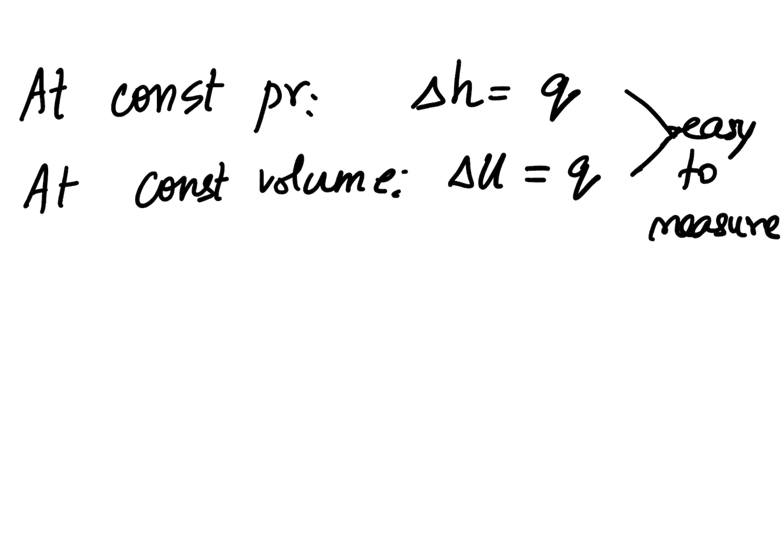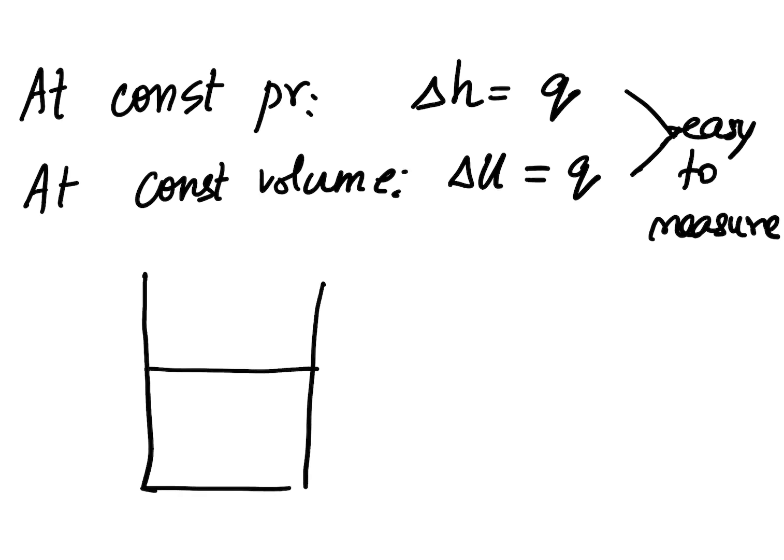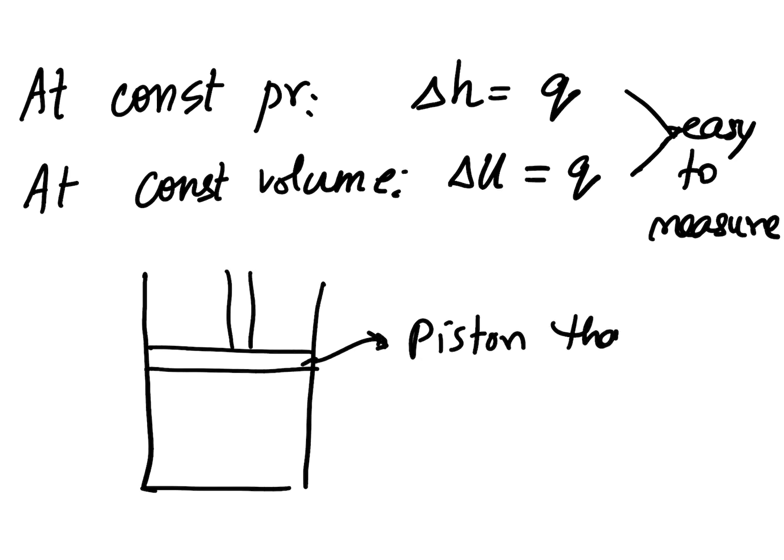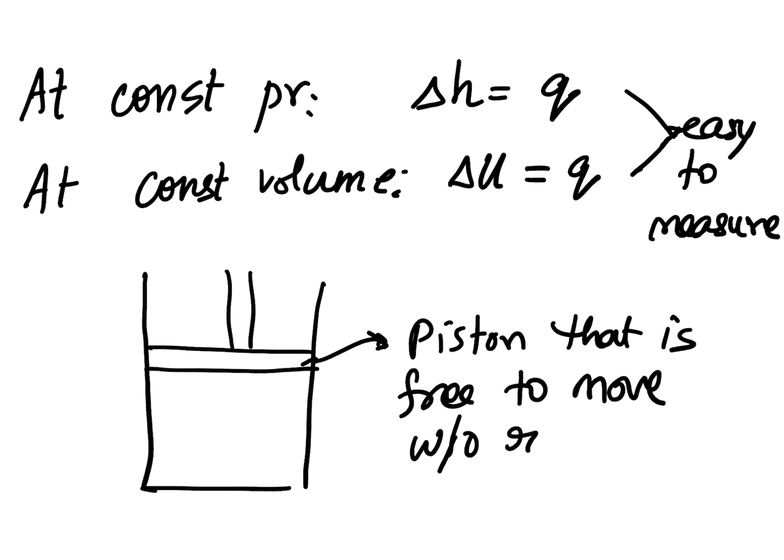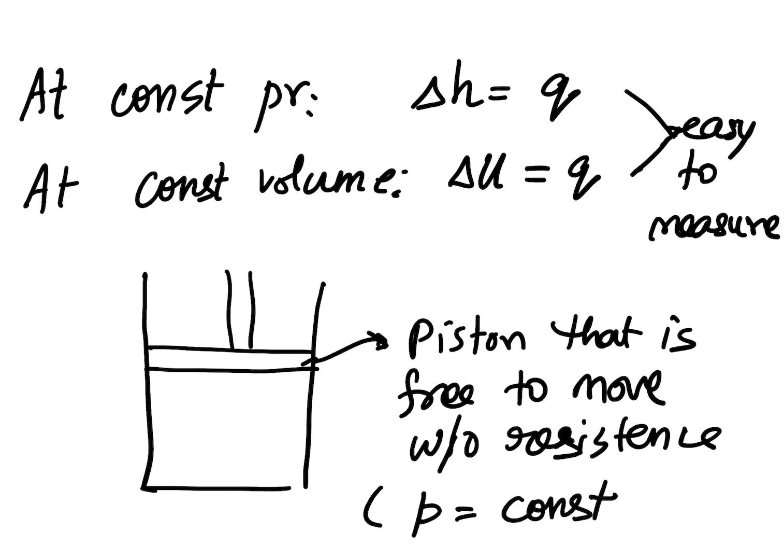So you can think of doing an experiment, like for example, let's say we have a gas and we have a piston that is free to move without resistance. By that I mean the pressure can be maintained constant, allowing the gas to expand or contract as necessary.